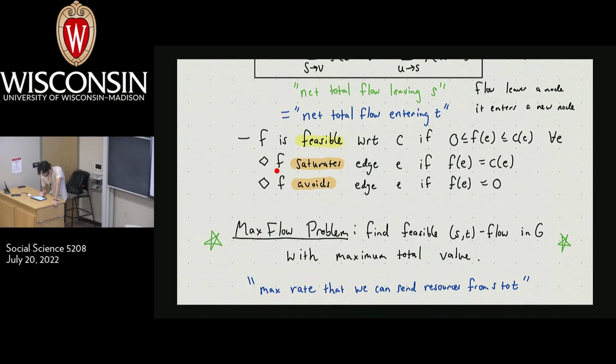We also say that the flow F saturates an edge if it completely fills that edge. So if you're thinking of water, you put so much water into the pipe that it can't fit anymore. So the flow on that edge is exactly equal to what capacity it can hold. Alternatively, F avoids an edge if it has no flow at all. So naturally, if water doesn't go down a specific pipe, it's avoided that pipe.